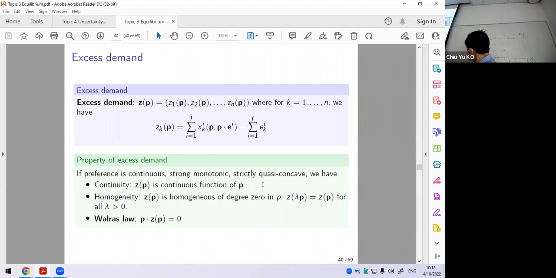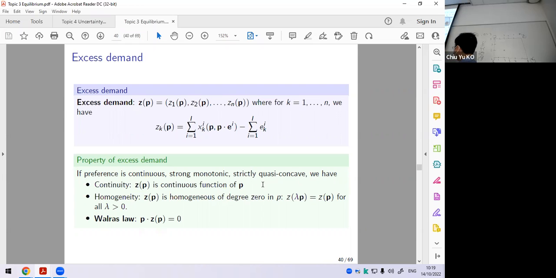And then suppose this is positive, not negative. In that case, if the dot product, the multiplication, is equal to 0, what does that mean? It means that when Z is negative, the price must be 0, because prices are non-negative.